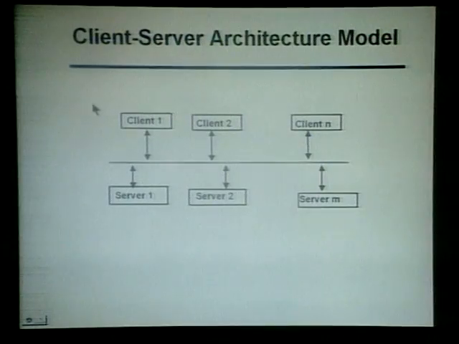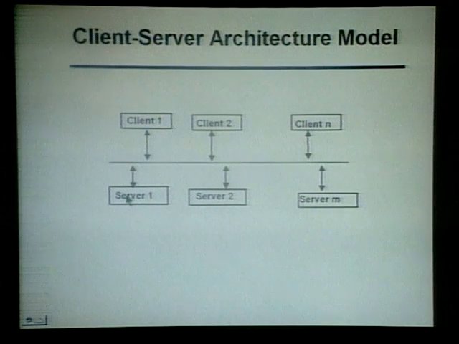Dear students, the second design style is called the client-server architecture model. This model is suitable for distributed systems. The architecture design of the client-server model looks like what is shown in this diagram. We have a number of clients and a number of servers.